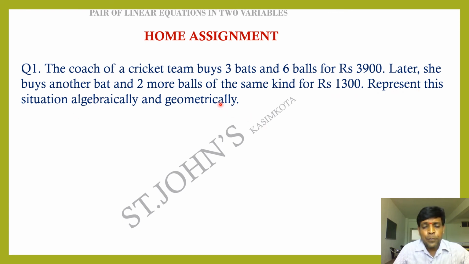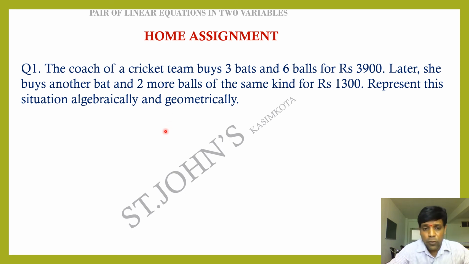I already explained a similar question, with 1 bat and 3 balls, but here it is 1 bat and 2 balls. There is only one difference. That may be intersecting lines, or maybe coincident lines.